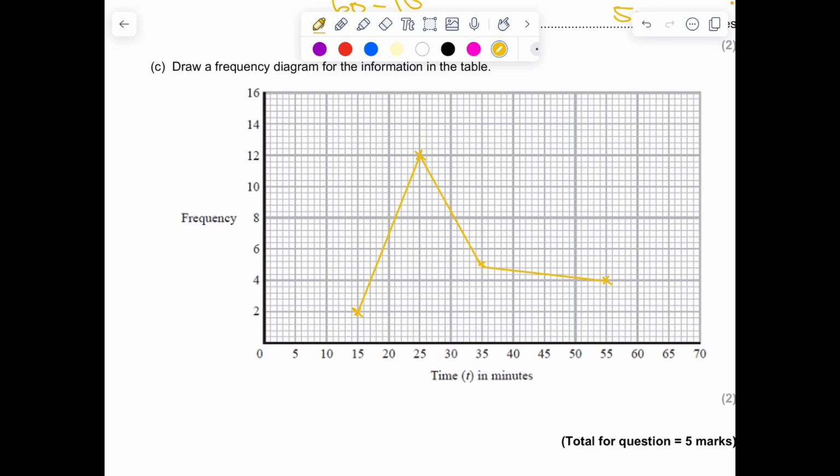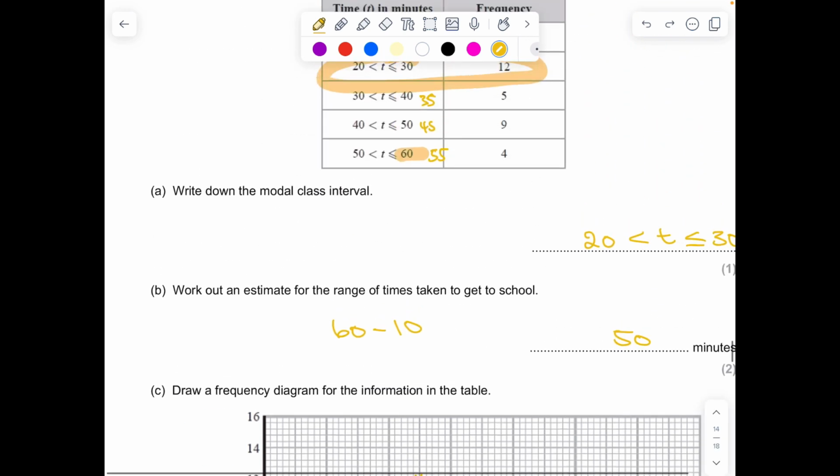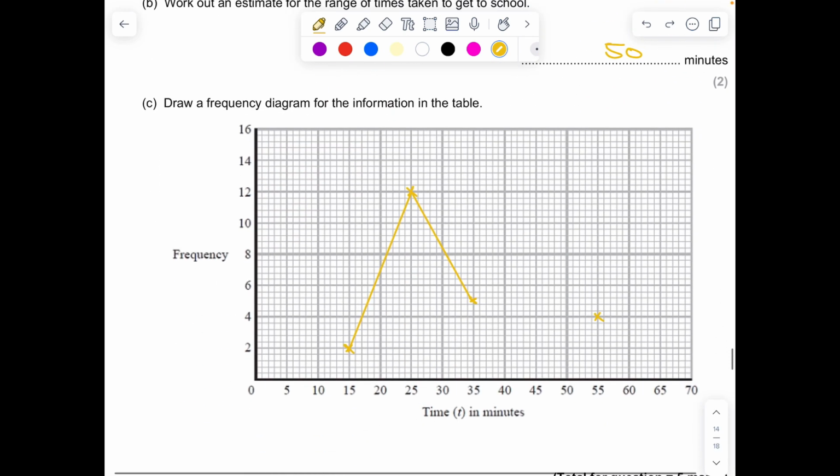Oh, I've missed out a point, I think. Ignore that. I've missed out 45, 9. Sorry, so 45, 9 is here. So there you go. And that's your frequency diagram.